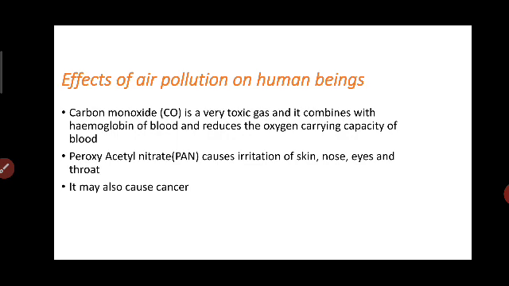In the blood, hemoglobin is there, and it reduces the oxygen carrying capacity of the blood. The strength of the blood depends on the hemoglobin percentage. So carbon monoxide attacks the hemoglobin present in the blood, then automatically the carrying capacity of the oxygen is decreased.